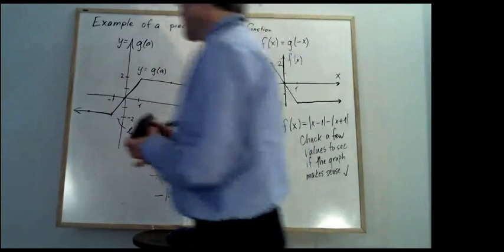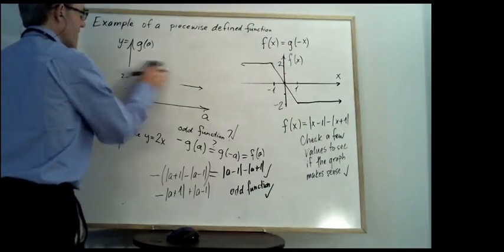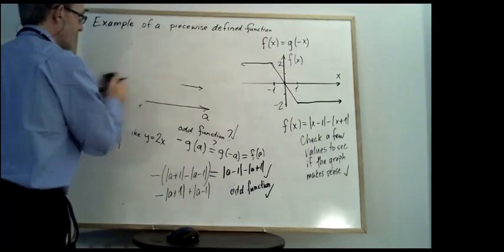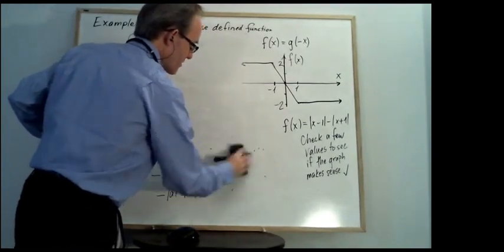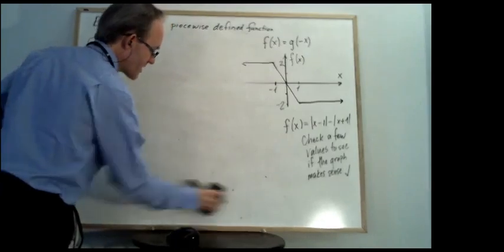So a similar function would be just change the minus sign in between the two terms, the two absolute value terms, into a plus sign.